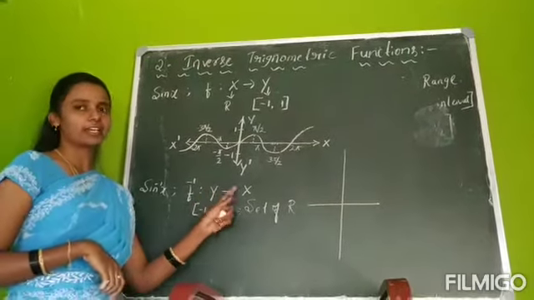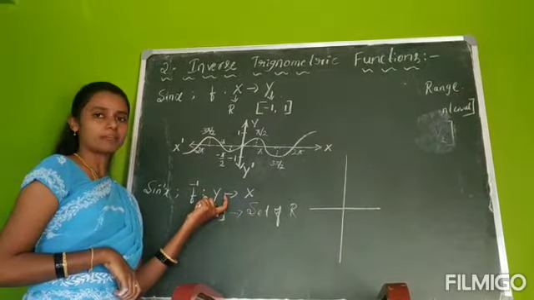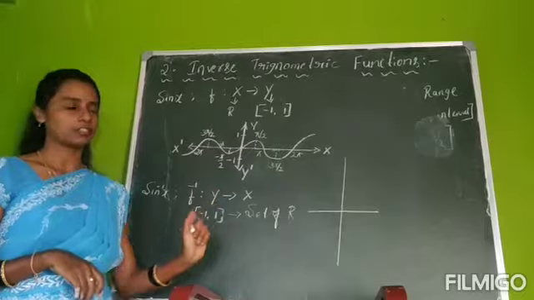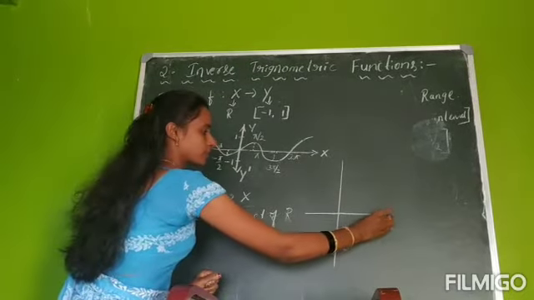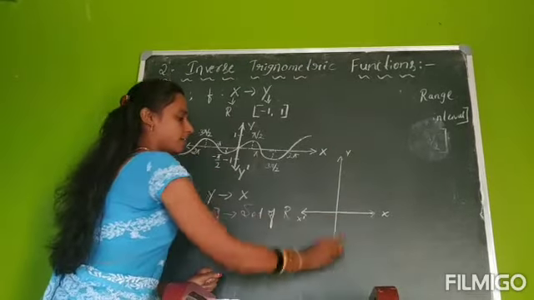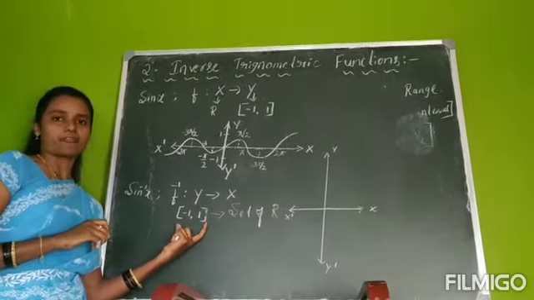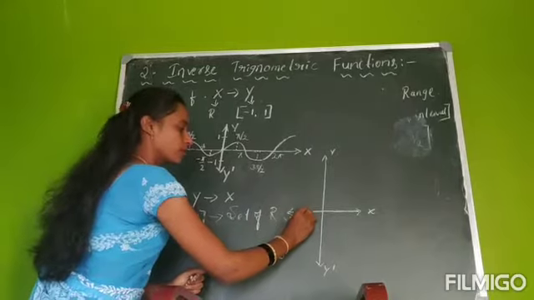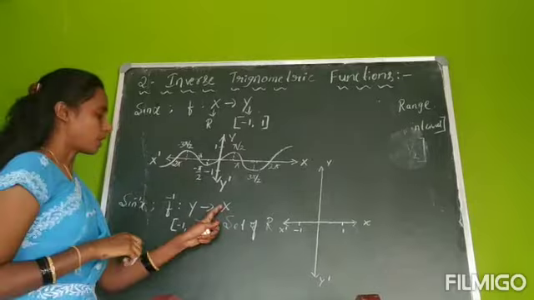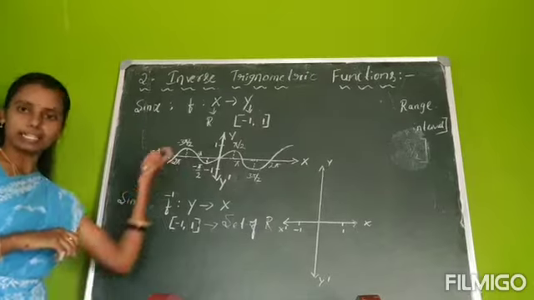I took this as y and x, but the first value, the domain, will be along the x-axis only, whereas the values will be along the y-axis only. So now I can represent this as x dash, y dash. On the x-axis we have here minus 1 and this is plus 1. Now along the y-axis it is the set of all real numbers. You can restrict sine inverse to any of the intervals.